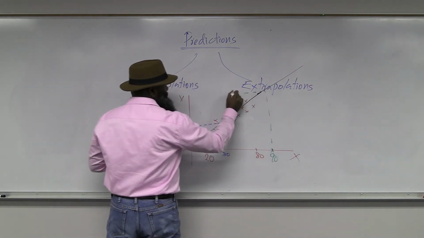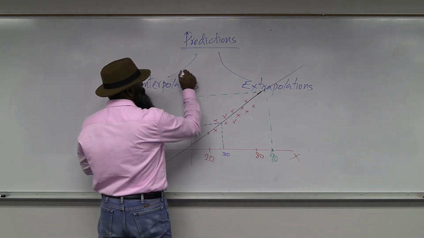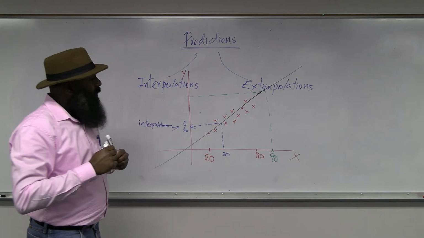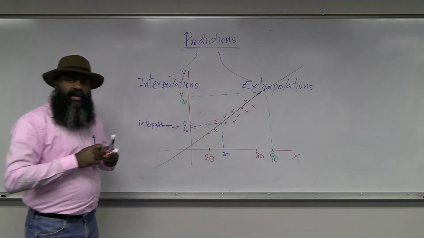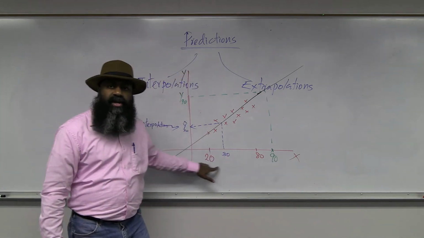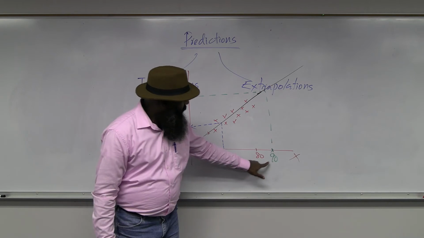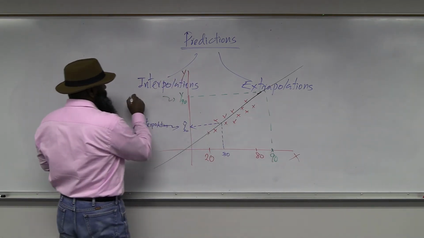Let's say this is that predicted y value. I will write it as y sub 90. Since my x value is outside of the observed interval of x values, this prediction is called an extrapolation.